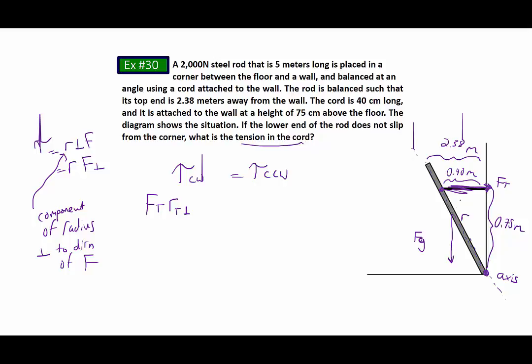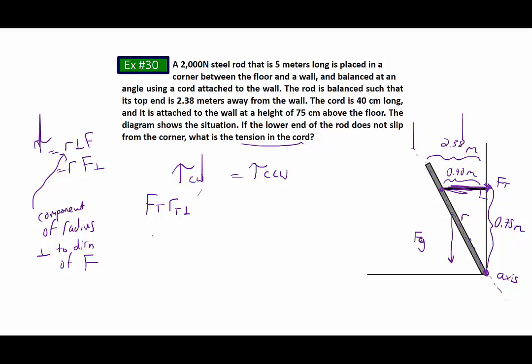This is R going out to there. The perpendicular component of that to that force is going to be 0.75 meters. So my radius goes all the way out there, and the perpendicular component to that force is 0.75 meters.